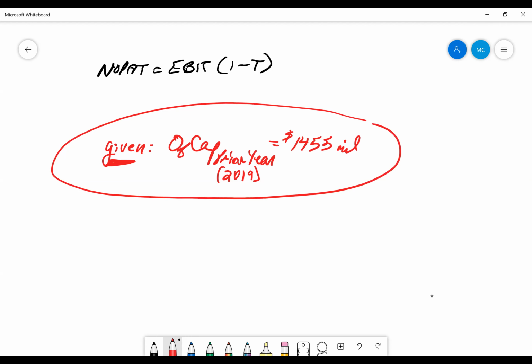Okay. Now, go to slide 9. Okay. And oddly, in slide 9, I ask you to calculate the operating capital for 2019.